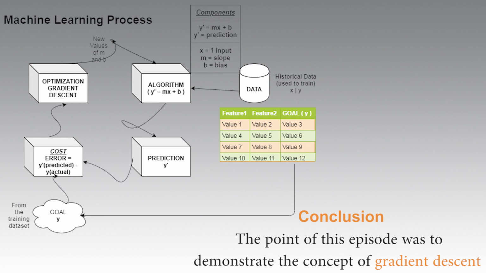So now we have y prime as our prediction, and we went to our data set and we put y over here, which is our goal, which is what we expected. We went over to our cost function or our loss function, and we said we're going to take y prime minus y. We're going to see how far off our prediction was to what our goal was.